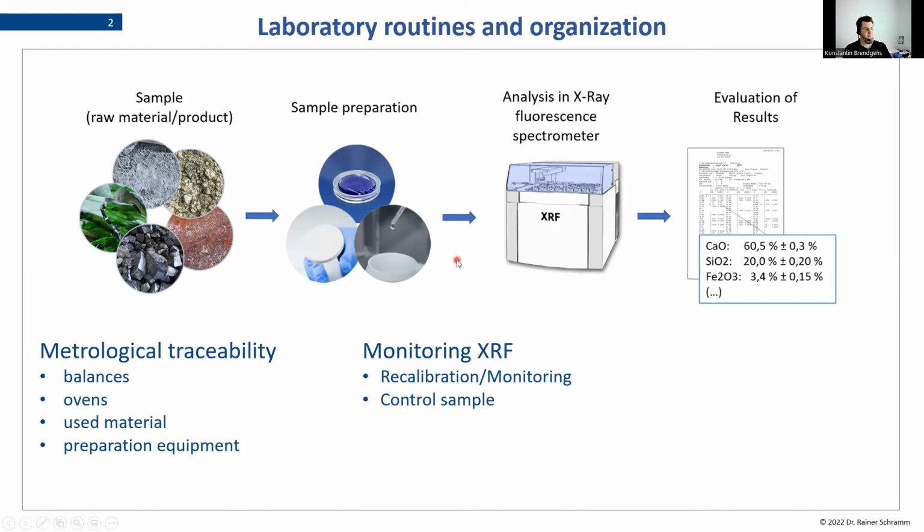Then we'll have a look at the monitoring of our measurement equipment, so what comes after the sample preparation. And in the end, we'll also talk a bit about statistics and the monitoring of our actual analytical methods as a total. This is where we'll talk about control sheets and all that.